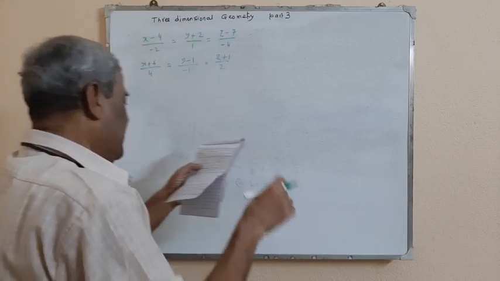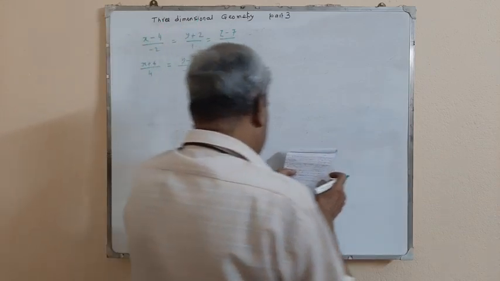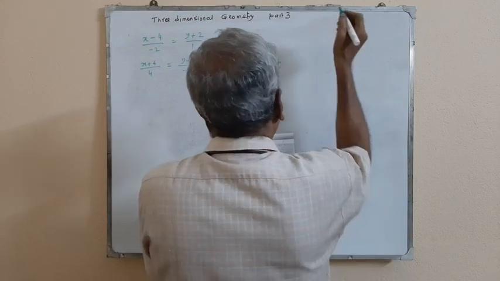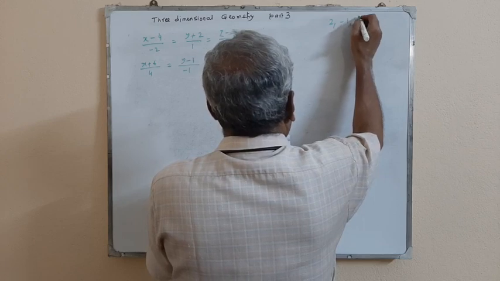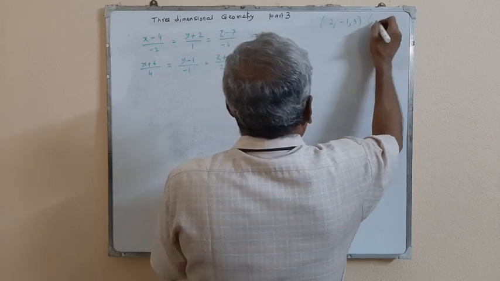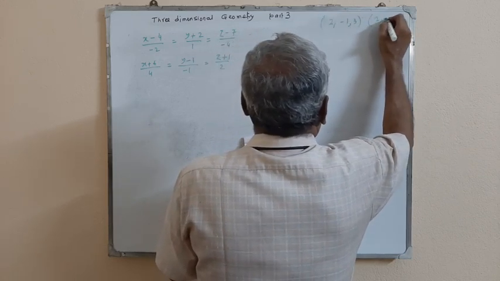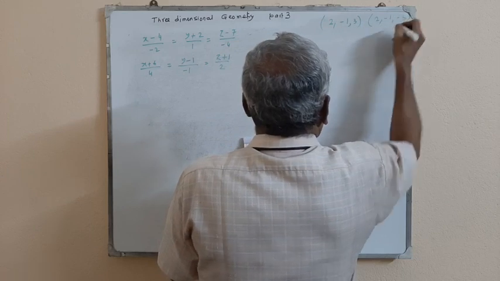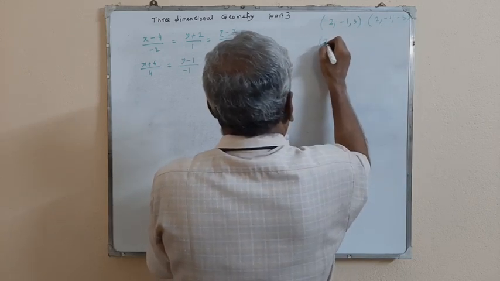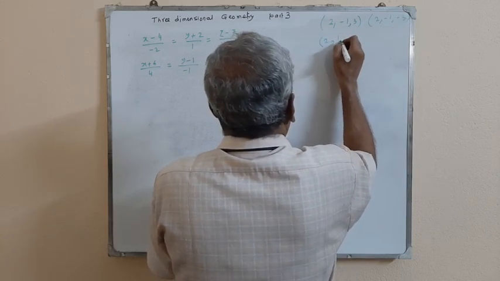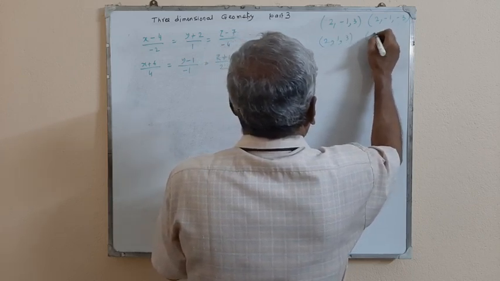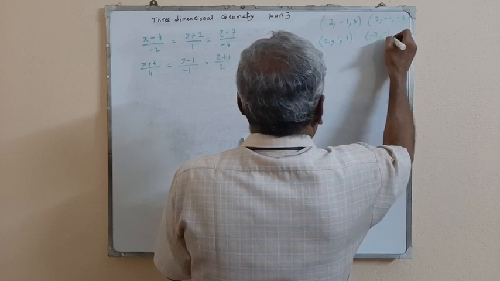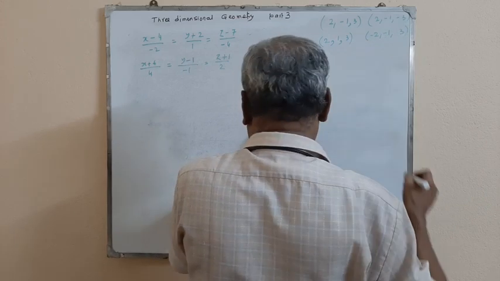Options are: 2, minus 1, 3; 2, minus 1, minus 3; 2, 1, 3; minus 2, minus 1, 3.